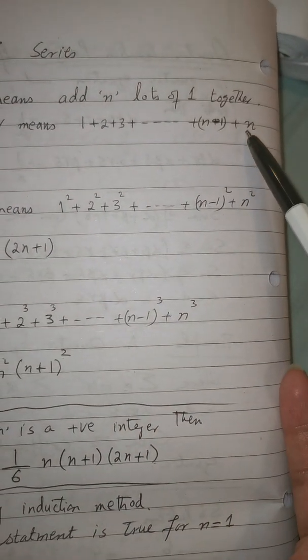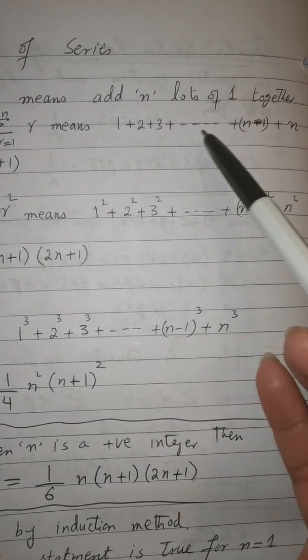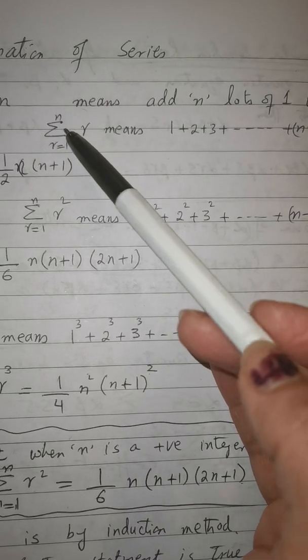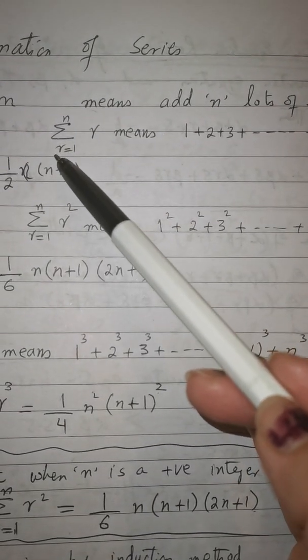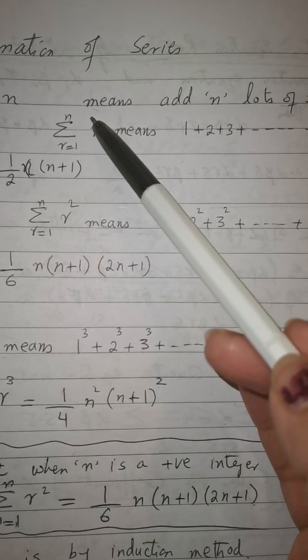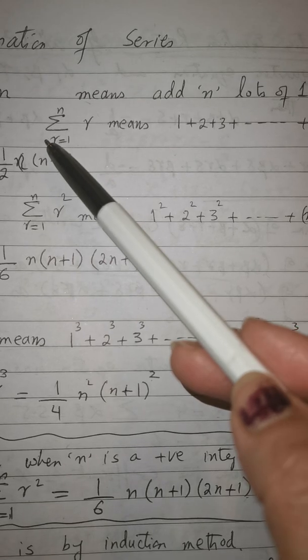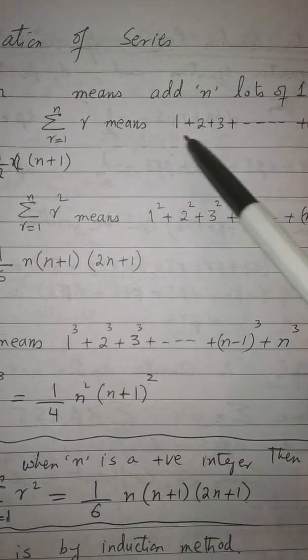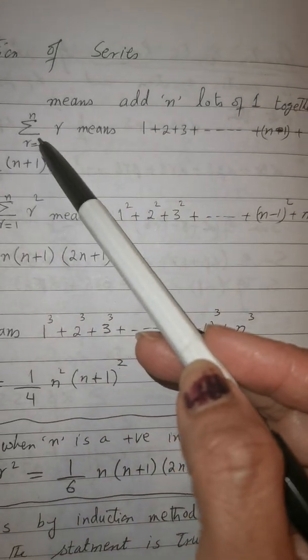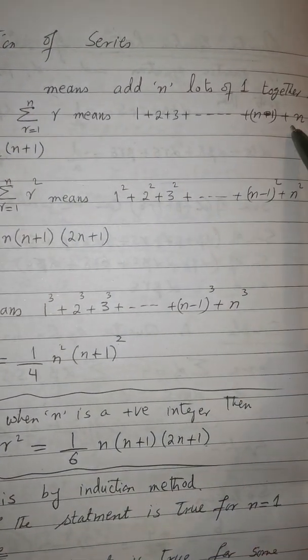You can see here, right? So this series, we can write it in summation form like that. R is equal to first value 1 to final value n, and we represent all of these numbers by r. So this is the summation form for this series.